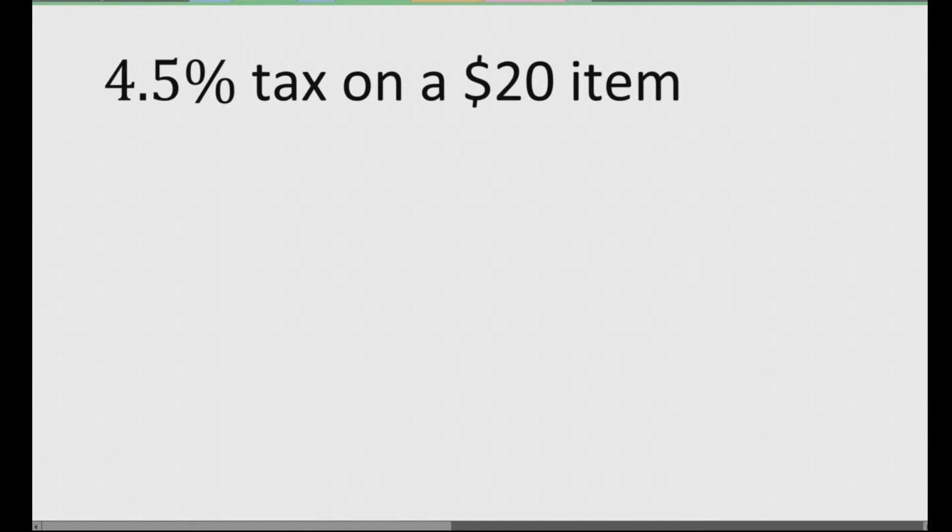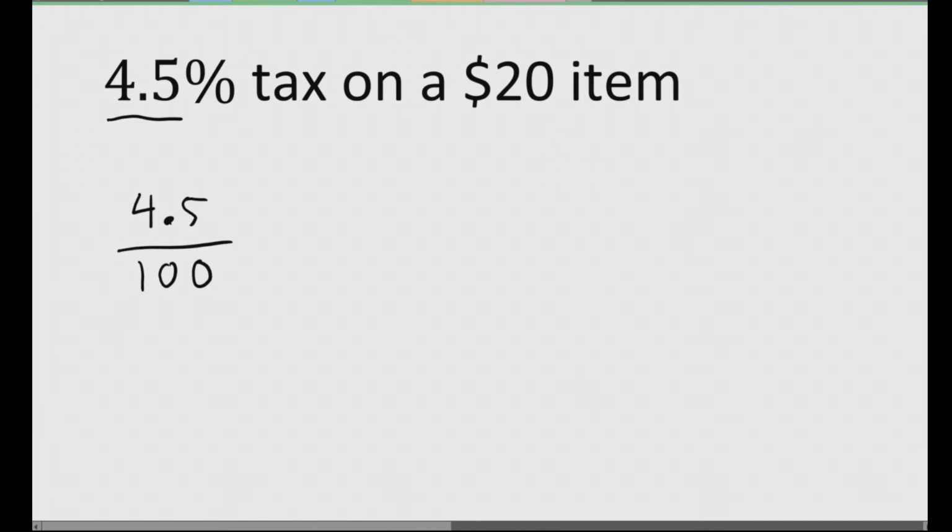The idea is you want to write 4.5, the percent, and convert it to a decimal number. Now, as a quick refresher, this is still a percent. This still means per 100. So 4.5% is the same thing as 4.5 over 100.